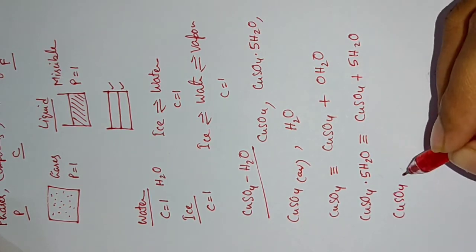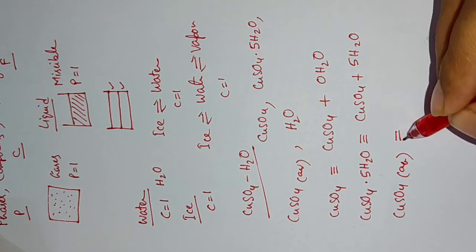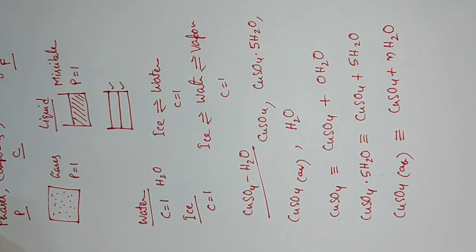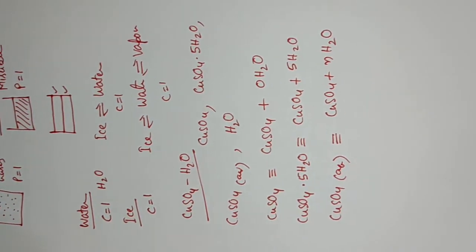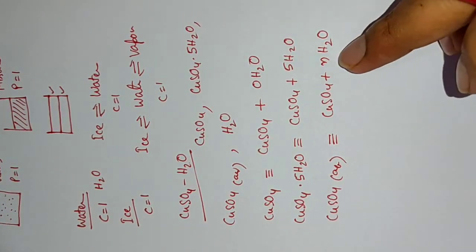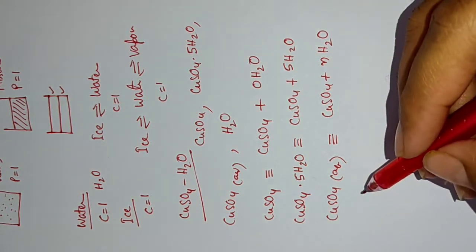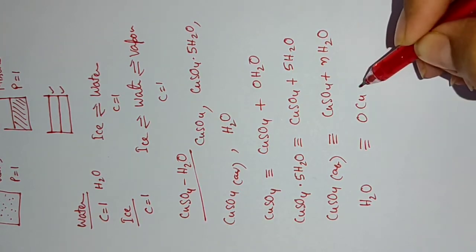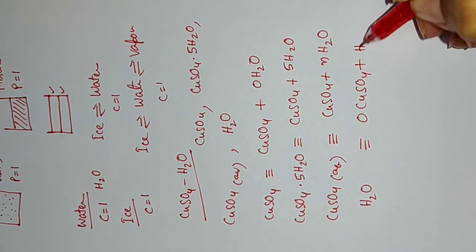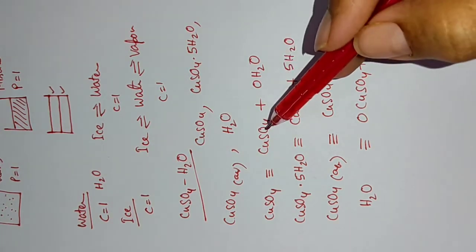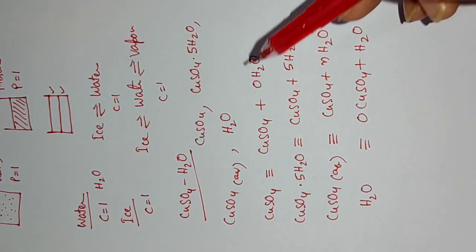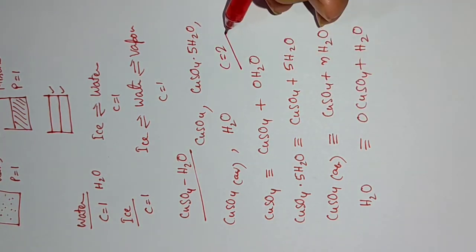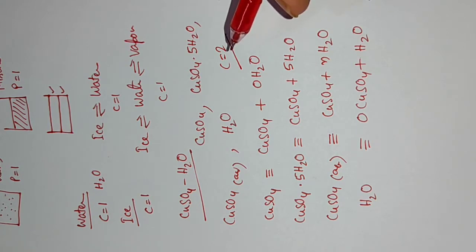If it is aqueous, then you can write CuSO4 plus n H2O. You don't know the extent of hydration, so you are writing it with a variable. And if it is simply H2O, then you will write 0 CuSO4 plus H2O. So with the help of CuSO4 and H2O, that is 2 components, you will be able to express the entire system. So here C equals 2 and it is a 2 component system.